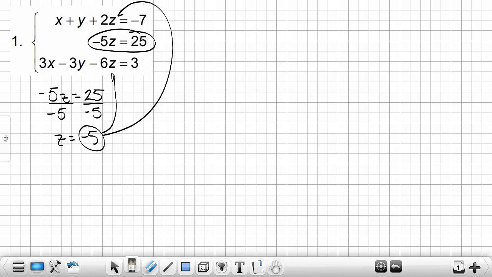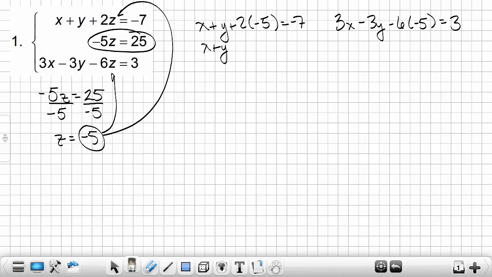So my first equation becomes x plus y plus 2 times negative 5 is negative 7. And my third equation is going to be 3x minus 3y minus 6 times negative 5 equals 3. So hopefully I can get through this one with no errors. We'll see. I just kind of go on cruise control and don't necessarily fully pay attention.